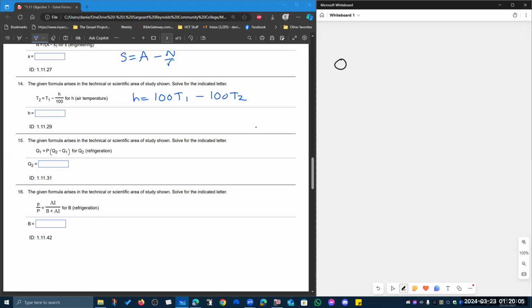We have capital Q sub 1 is P times capital Q sub 2 minus capital Q sub 1. We want to solve for Q sub 2. So Q sub 1 equals P times Q sub 2 minus P times Q sub 1.